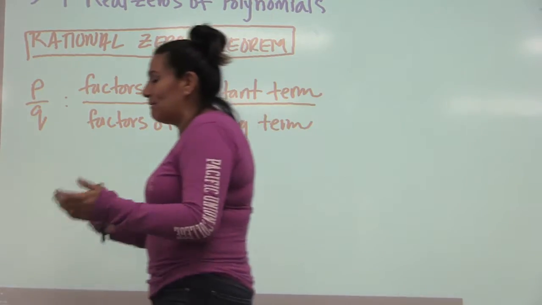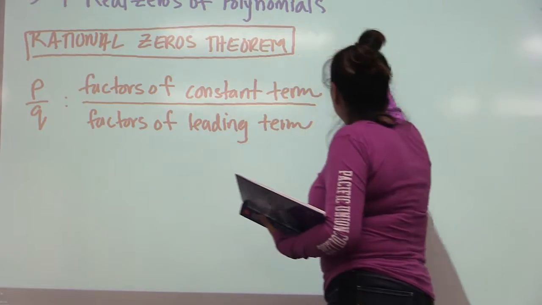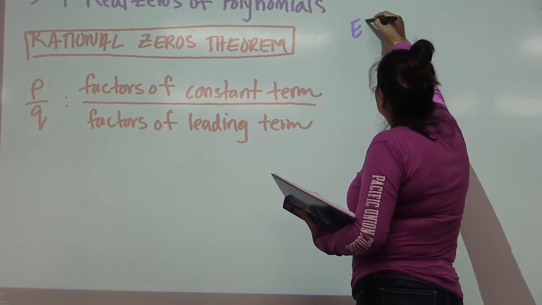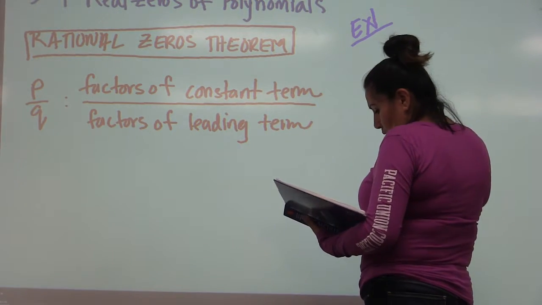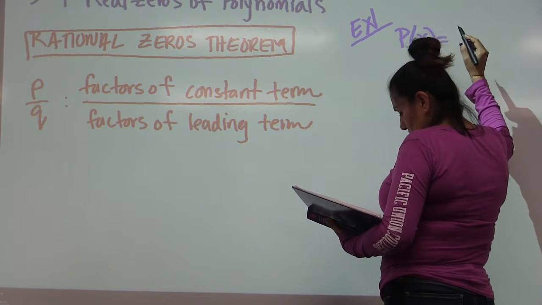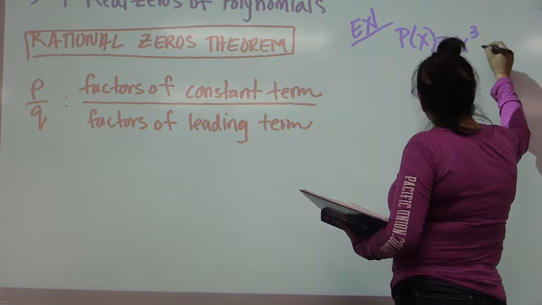So we're going to start with an example. That's the easiest thing to do. In example 1, we have p of x equals x cubed minus 3x plus 2.